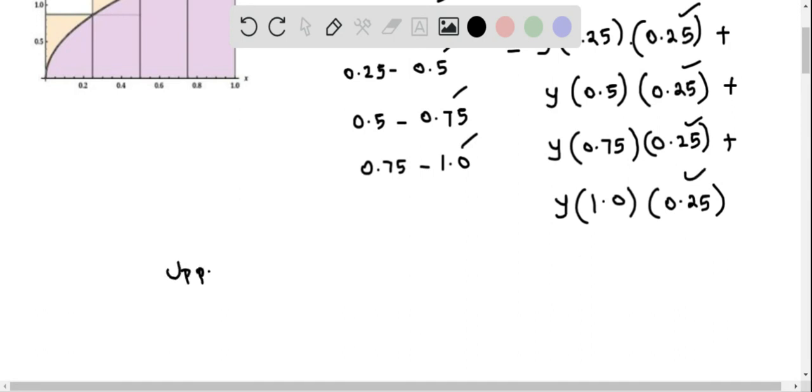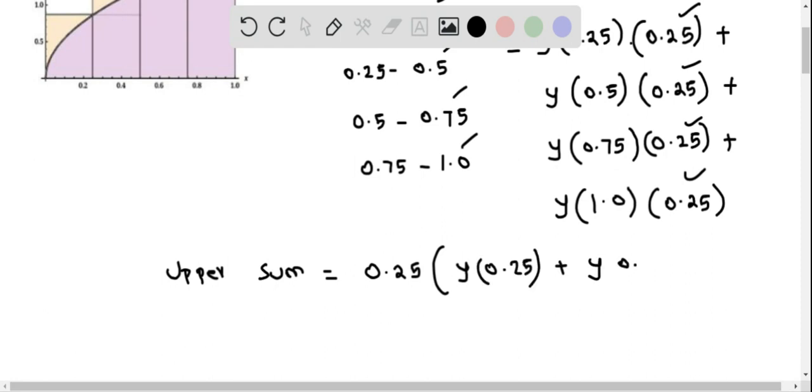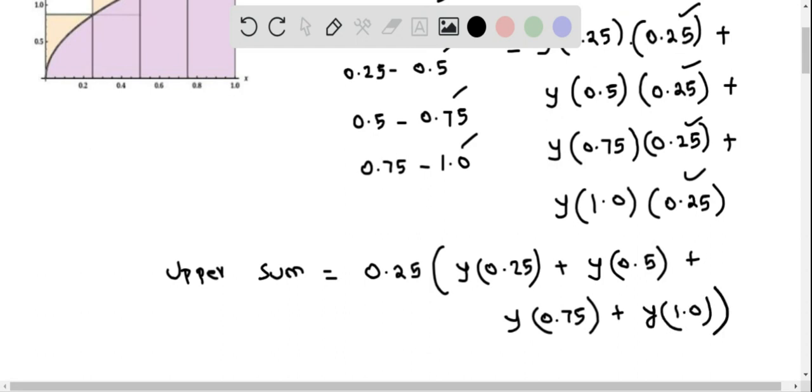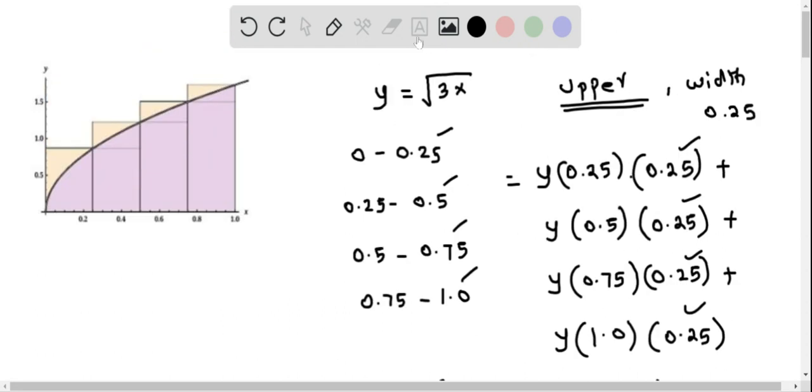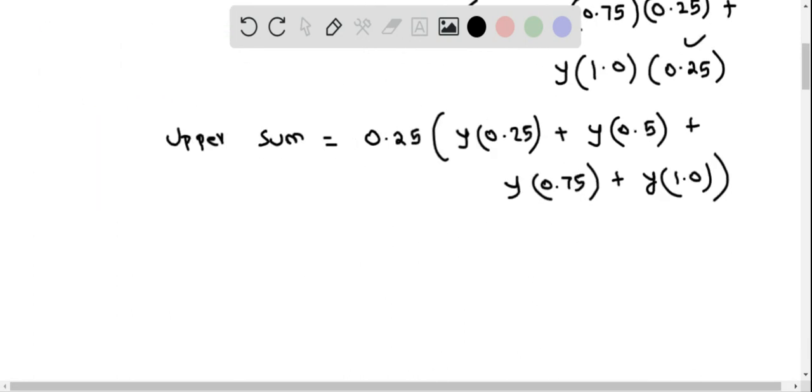So we write upper sum equals, factoring out 0.25, y of 0.25 plus y of 0.5 plus y of 0.75 plus y of 1.0. Now let's use the function which is given as y is square root of 3x.